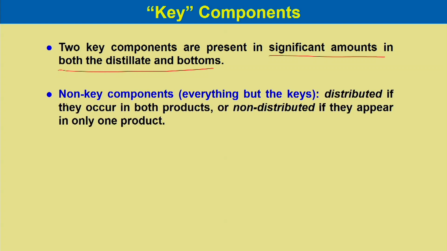Now, non-key components are everything but the keys. They may be distributed if they occur in both products, that is bottoms and distillate, or non-distributed if they appear in only one product, either in bottoms or in distillate. They are called non-key components.